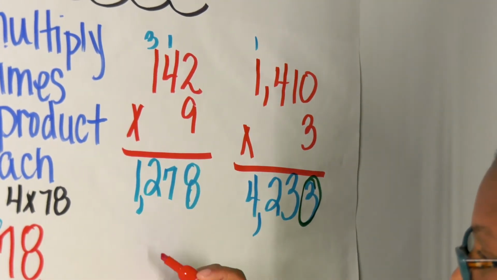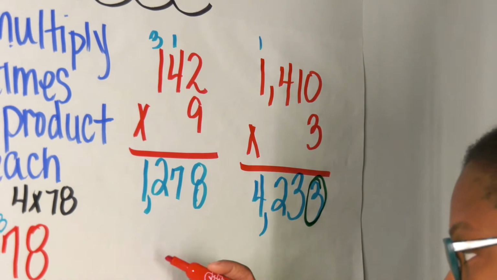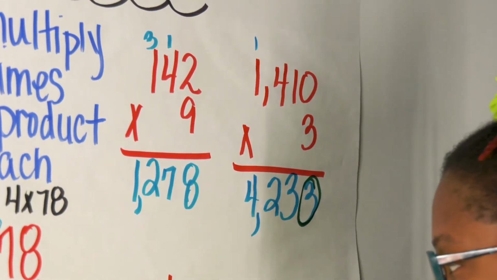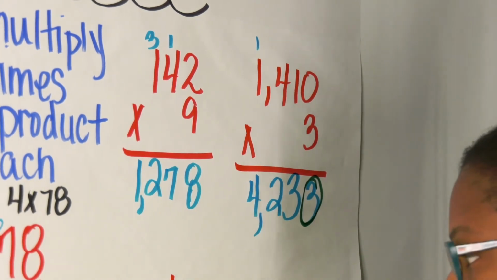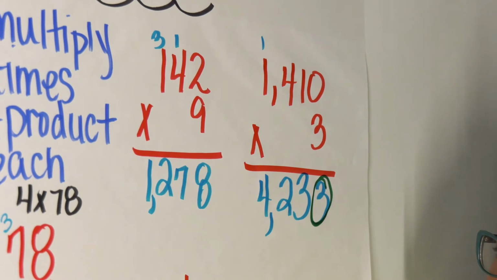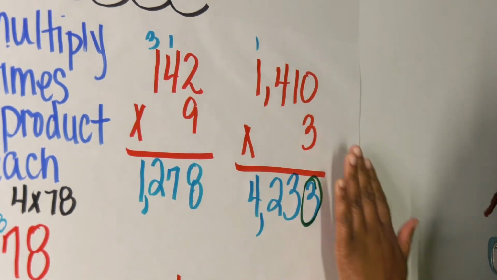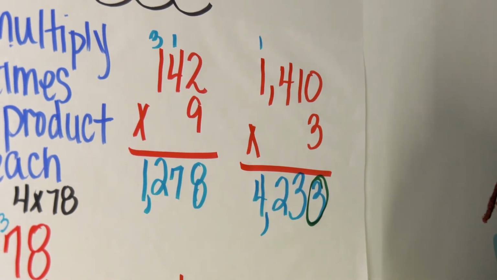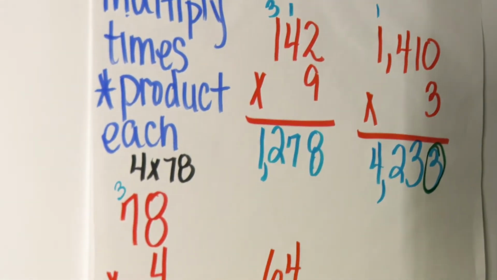All right, so now let's move to 2 digit by 2 digit. 64 times 57. Now this is when it gets a little bit more advanced. These should have been pretty simple because you're only multiplying single digits. Now we're getting to our 2 digits.